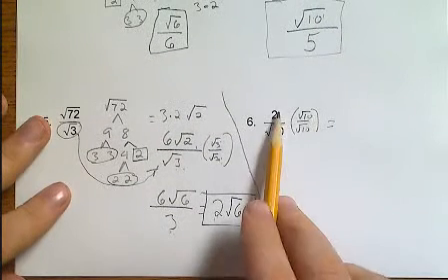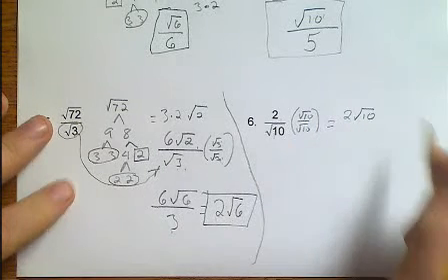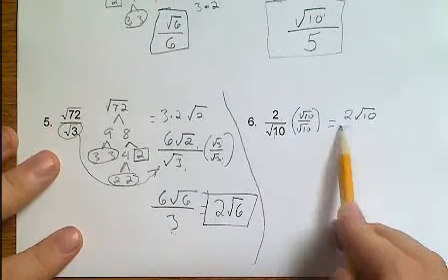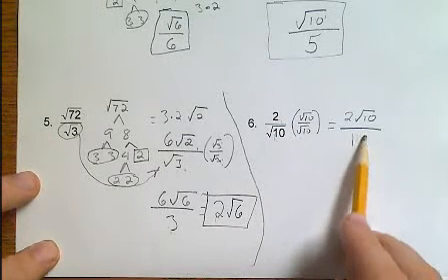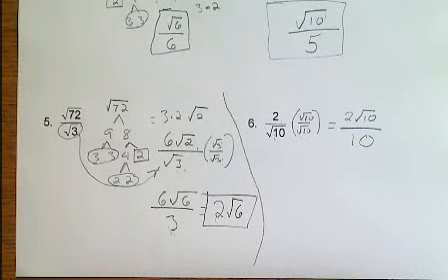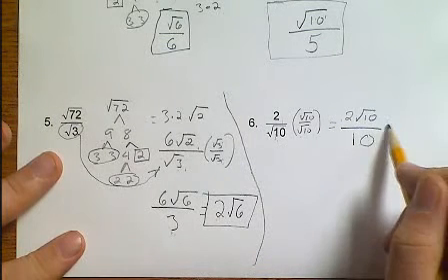Well, 2 times the square root of 10 is just 2 square root of 10 over the square root of 10 times the square root of 10 is a regular 10. And 2 over 10 will simplify to 1 over 5.